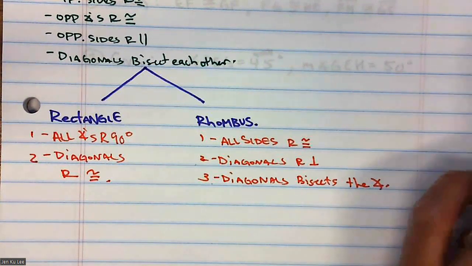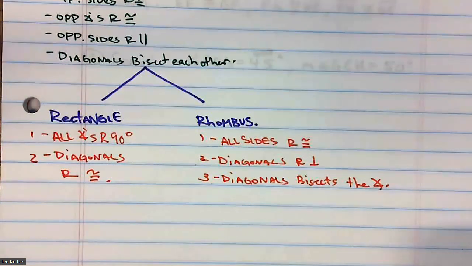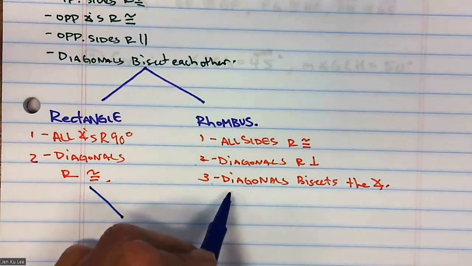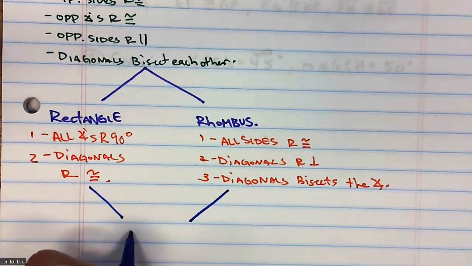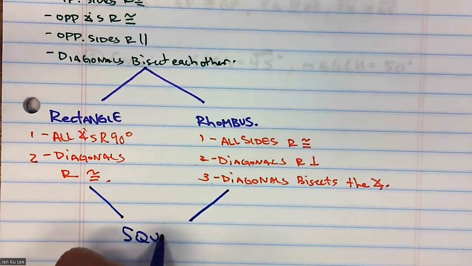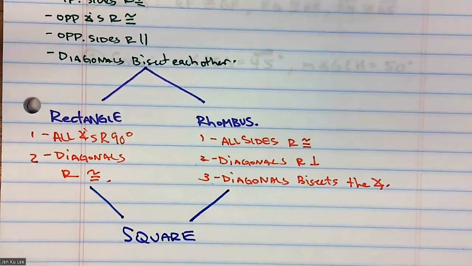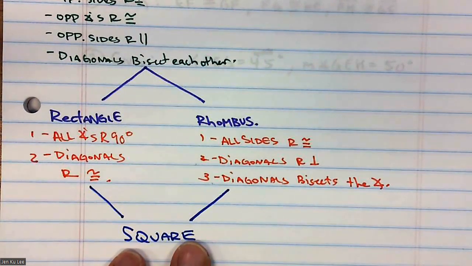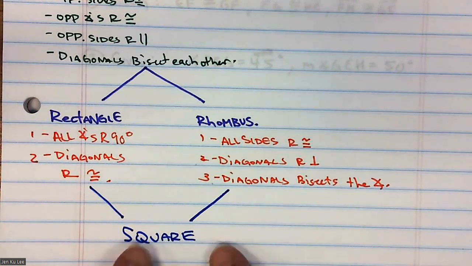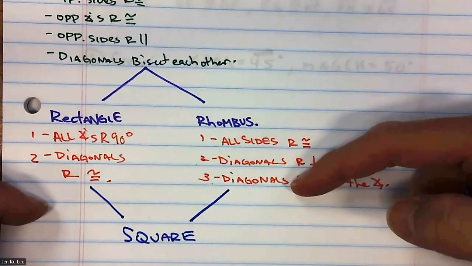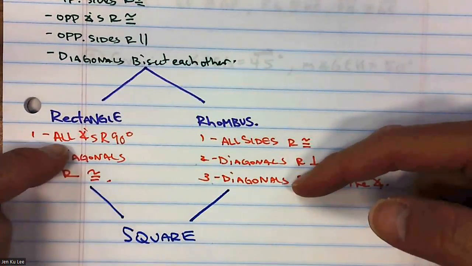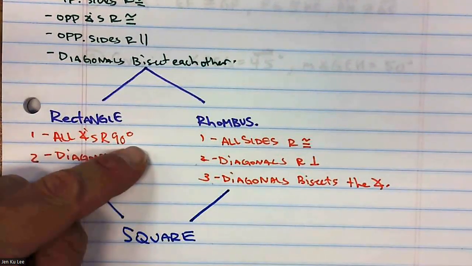The last one we said in the beginning, it was conditions for a rectangle, rhombus, and a square, right? Notice that I didn't put anything about a square yet. Because what a rectangle and a rhombus do is they make a square. Okay? So there's no special characteristics for a square, but it has both of the rectangle and rhombus's special characteristics. Okay? So a square does have all angles are 90 degrees.